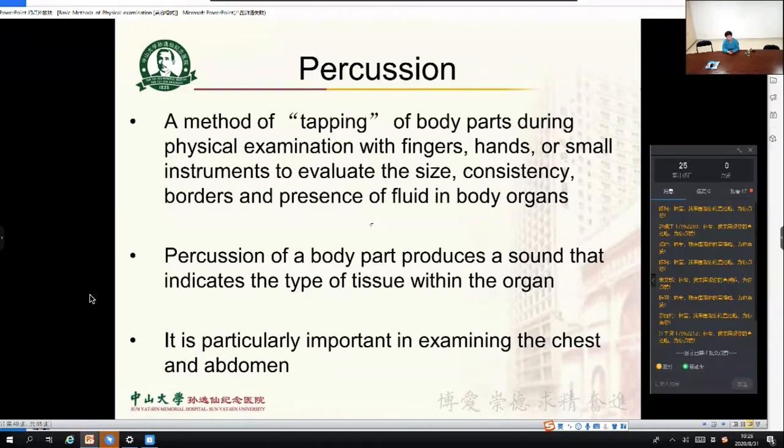Percussion of a body part produces a sound that indicates the type of tissue within the organ. So we will pick up different sounds when we perform percussion. It is particularly important in examining the chest and the abdomen.